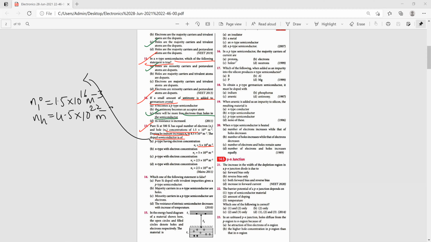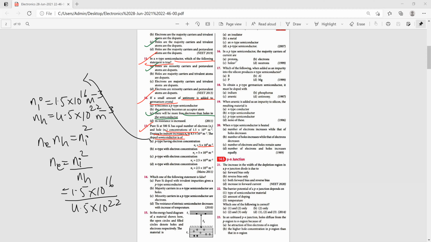The formula is Ne times NH equals Ni squared, or Ne equals Ni squared divided by NH. That is 1.5 × 10^16 squared divided by 4.5 × 10^22. After simplification, we get 5 × 10^9 per meter cube. Therefore, for 13th one, the first option is the right answer.